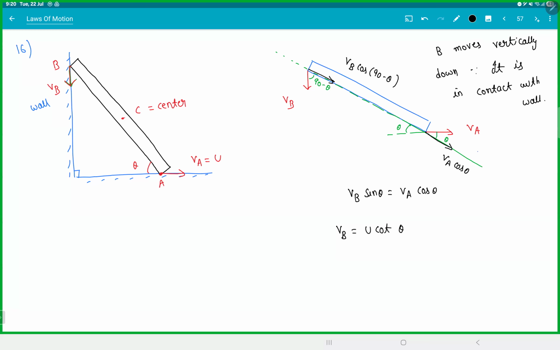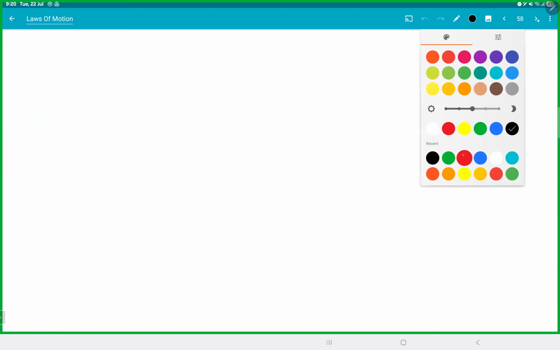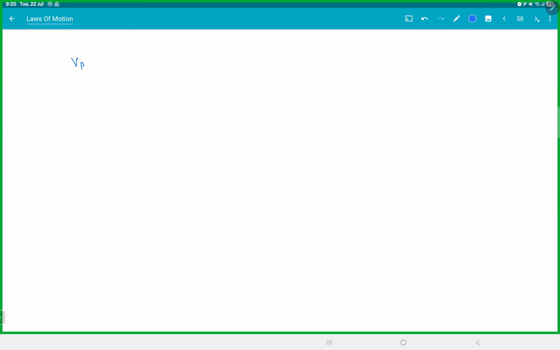Let's find the acceleration of B first. What do you do with the acceleration? Differentiate. So VB is U cot theta. Remember, theta is also variable. So the acceleration of B will be dVB by dt. I told you, you can't use these formulas for accelerations if theta is changing. So this will be U d by dt of cot theta plus cot theta dU by dt.